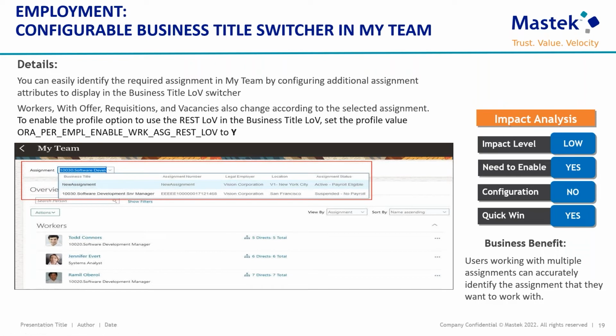So when a manager performs their transactions on direct reportees, they can be sure on which assignment they are performing, if there are multiple assignments on employees. This can be opted in by enabling the profile option value. This is the profile option that has to be set to Y to utilize this feature.